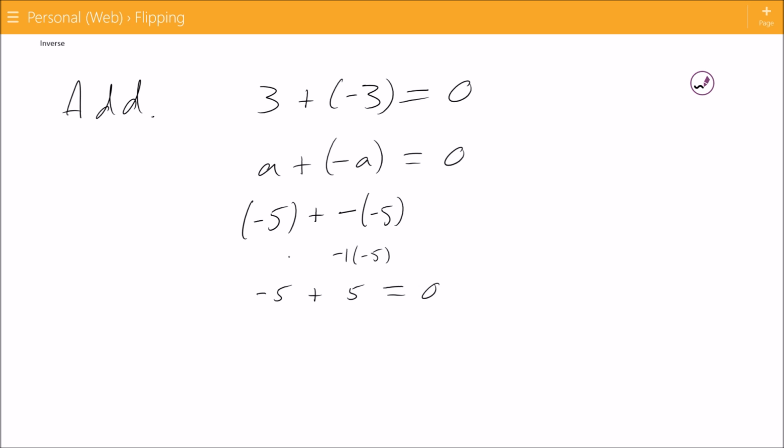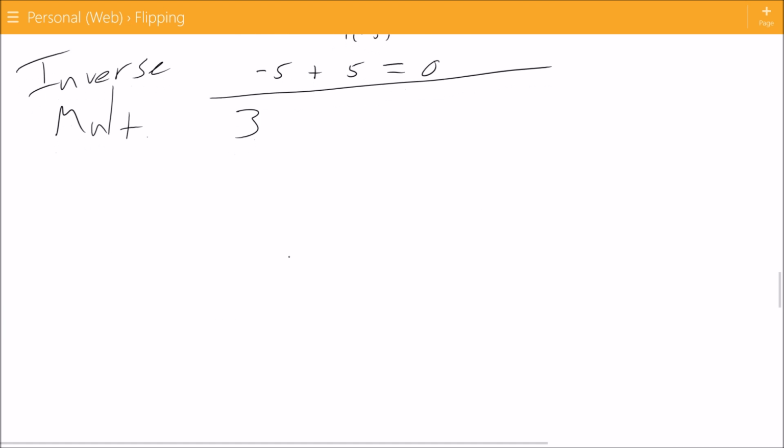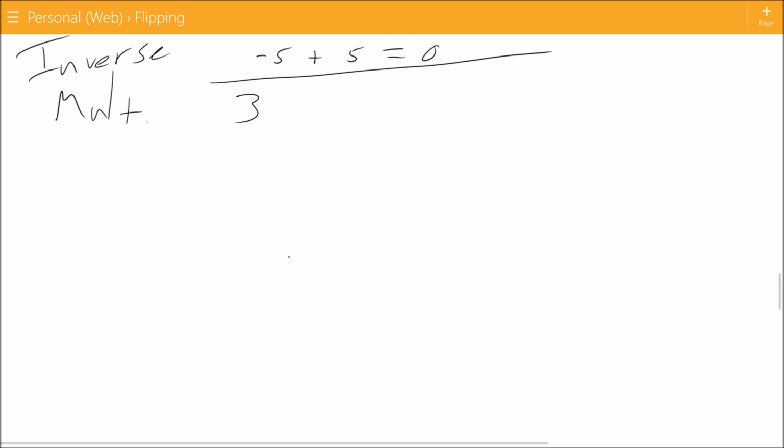And again, with the inverse for multiplication, if you have a number 3, let me draw a line here to separate these two, and I'm going to scroll down a little bit, but I want to keep inverse on the screen. If I have a number 3 and I multiply it by 1 over 3, well, I would multiply it out.